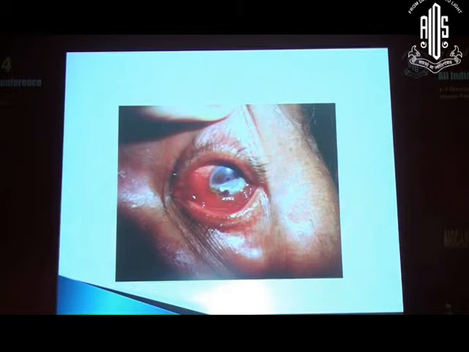And after that, what would you do? In all these cases, whenever we give cases of leukoma to students, they will say they will go in for PKP. That is not the answer always, because in this case, you can see that the pupillary area is reasonably clear. So, after healing this ulcer, what you have to do is find out what the vision is with this leukoma in place.